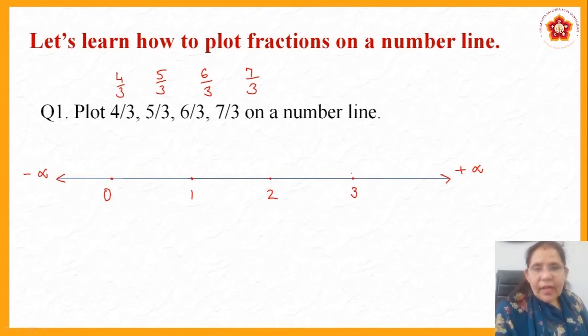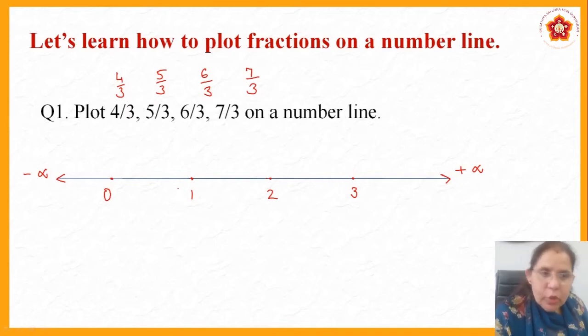In all the given fractions, the denominator has 3. So if denominator has got 3, that means we have to divide the number line in 3 equal parts between any two integers. That means 0 to 1, we have to divide the number line in 3 equal parts. For dividing the number line in 3 equal parts, we have to put 2 points. So I put 1 point here and 1 point here.